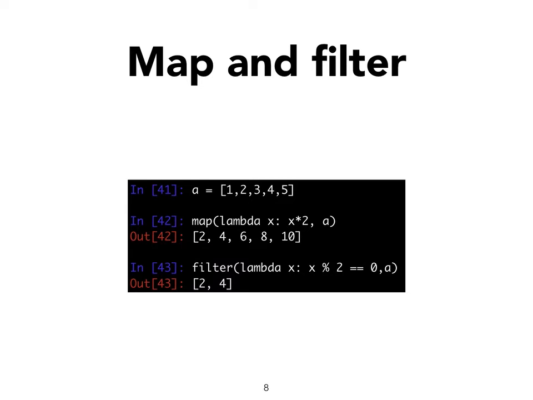So that means is the number even or odd. And if it's even, the lambda function returns true, and if it's odd, it returns false. And then we say filter the list A with this lambda function, and out we get the even elements of the list A. So this is a way to filter your lists in a very easy and neat way.